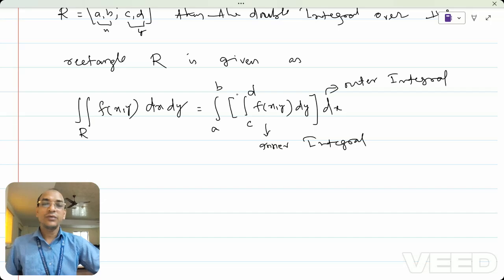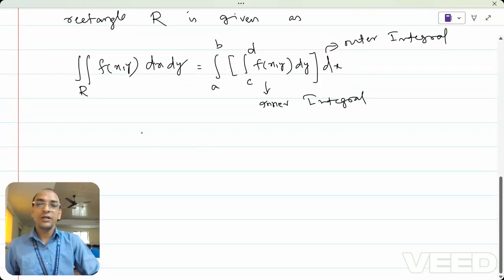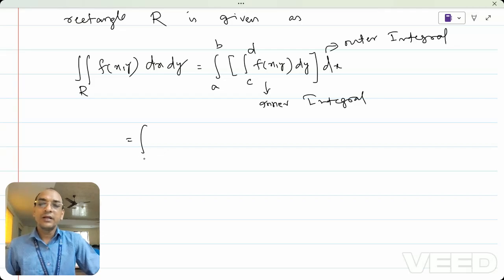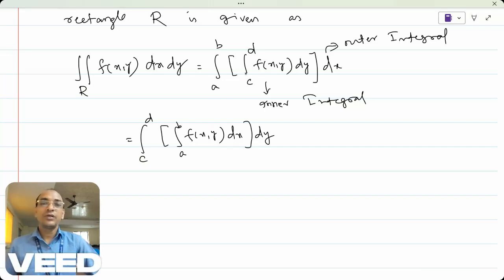So here I want to say one thing. Don't think that this is the only possible way to integrate this. If somebody wants, they can integrate first with respect to x, and then integrate with respect to y. Then also you will find that both are the same. So in the first expression, the inner integral is with respect to y and the outer integral is with respect to x.